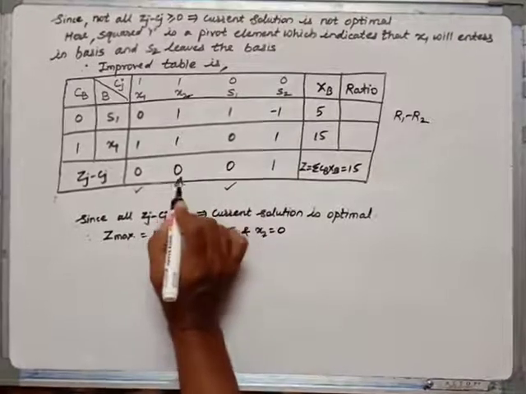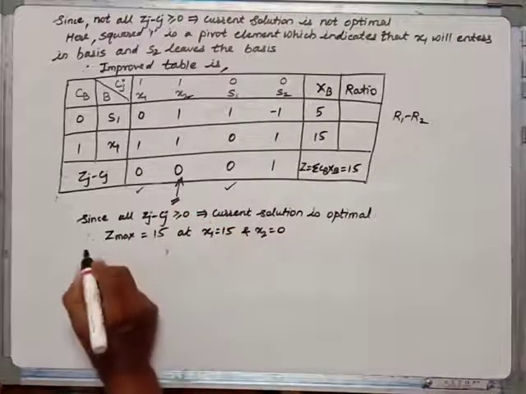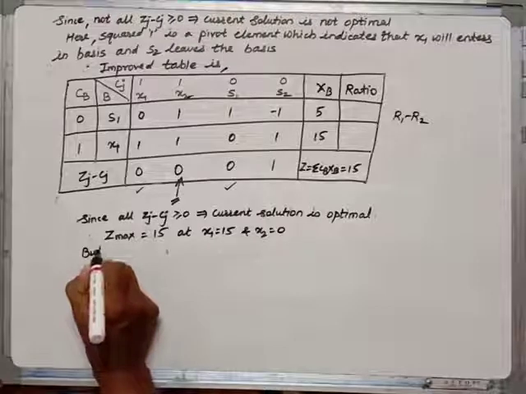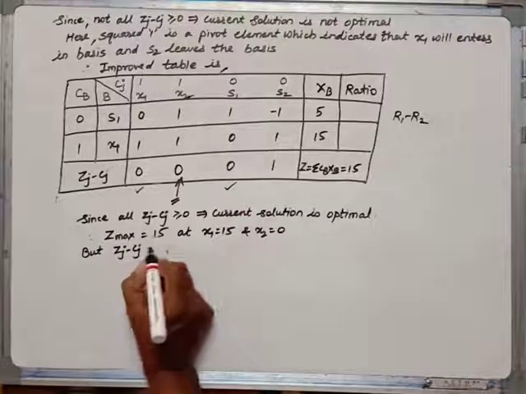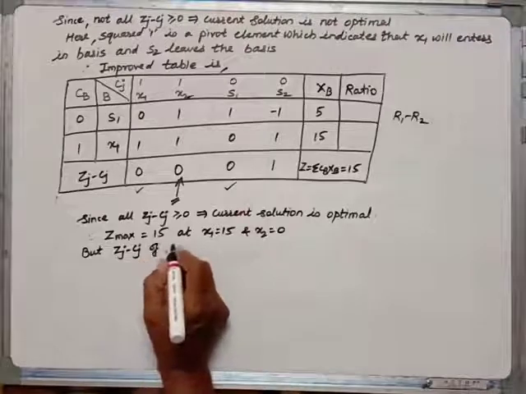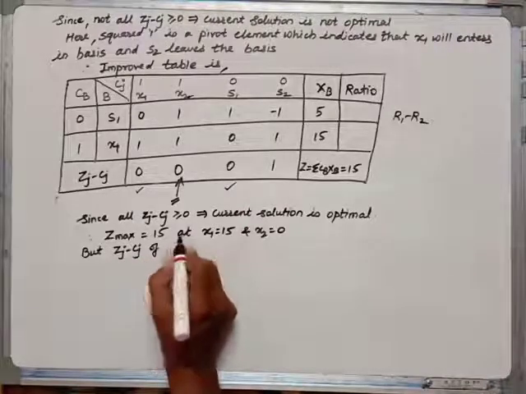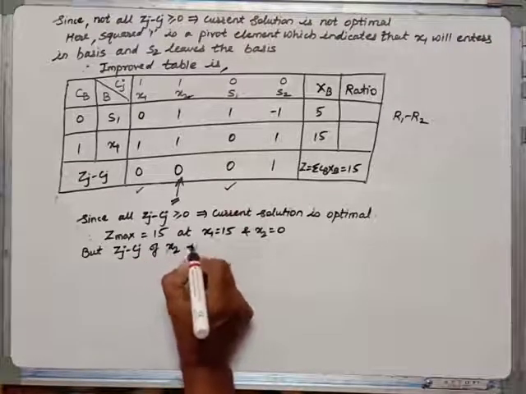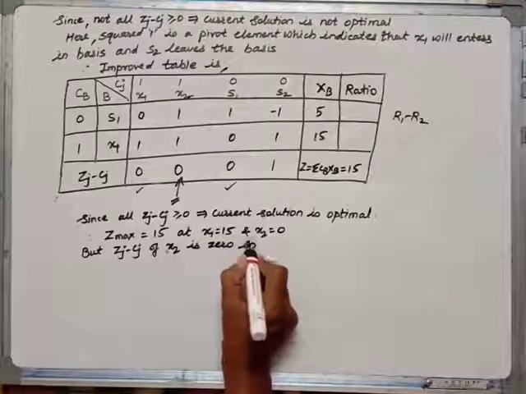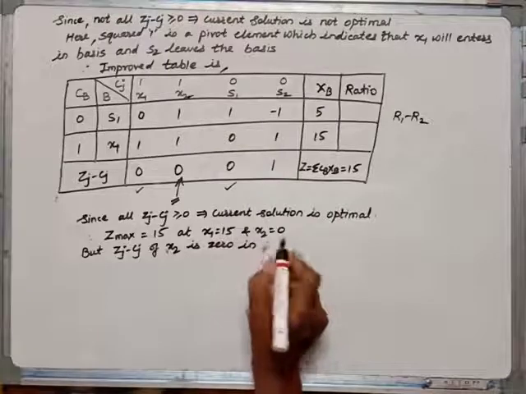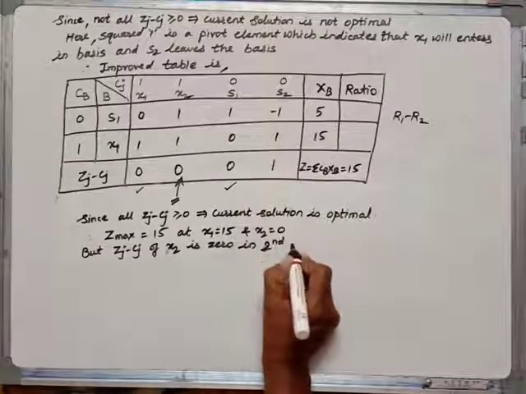Now let me obtain the alternate solution. But Zj minus Cj of x2 is 0 in the above table, or I can say in the second table.